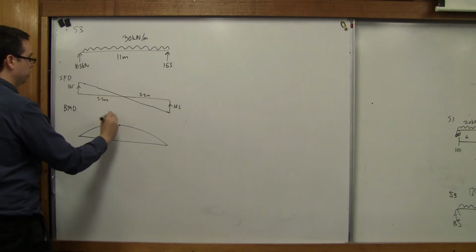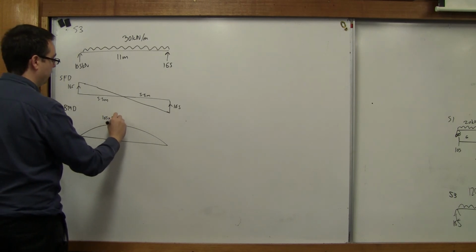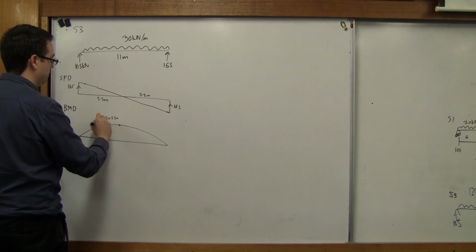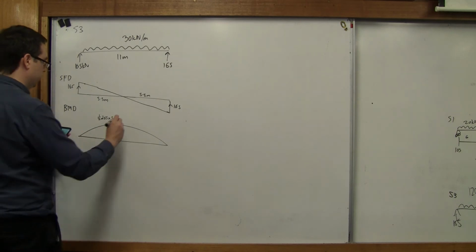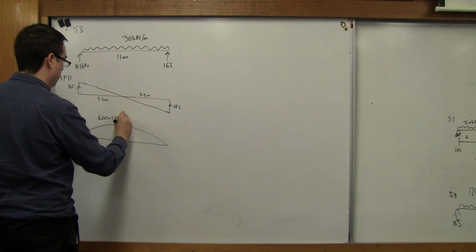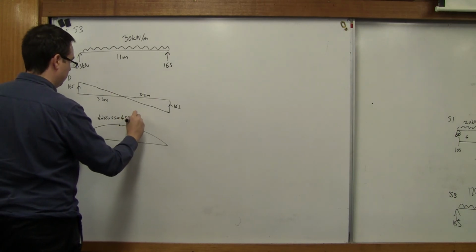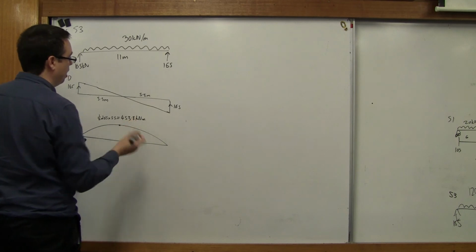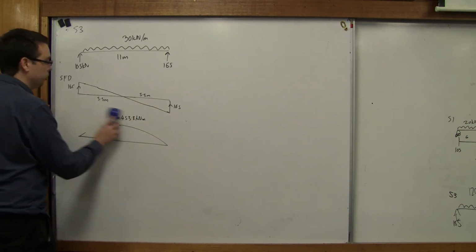This is going to be equal to 165 times 5.5 times a half. 165 times 5.5 times 0.5 equals 453.8 kilonewton metres. Okay, so that one's not too bad. We'll then go on to the next one.